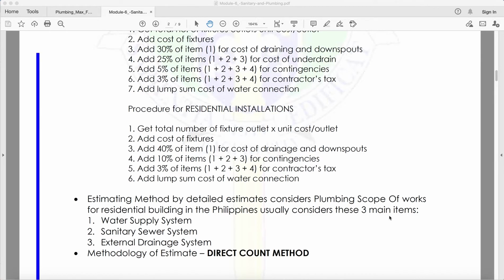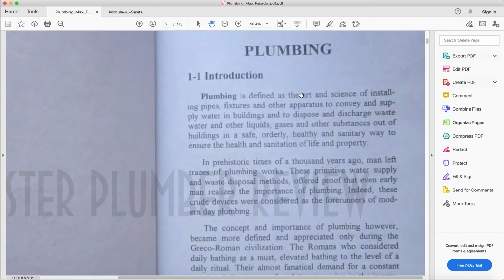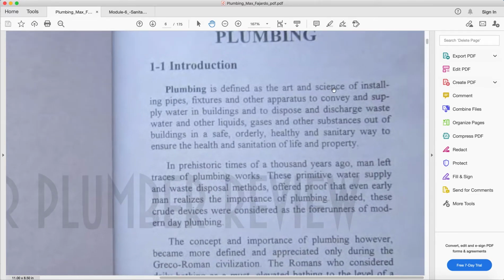But before we go on to that, let us first define what plumbing is. We have here the book of Fajardo on plumbing. According to the book, plumbing is defined as the art and science of installing pipes, fixtures, and other apparatus to convey and supply water in buildings and to dispose and discharge wastewater and other liquids, gases, and other substances out of the building in a safe, orderly, healthy, and sanitary way to ensure the health and sanitation of life and property.